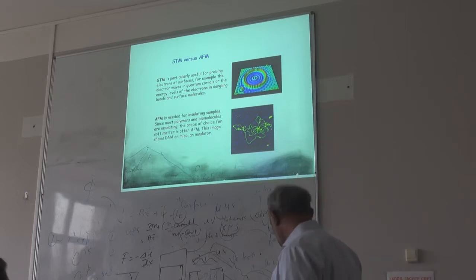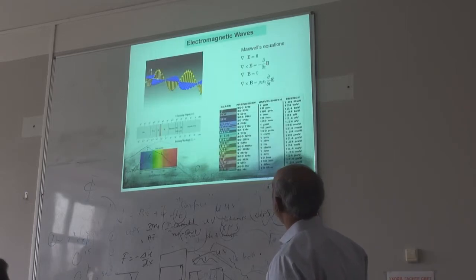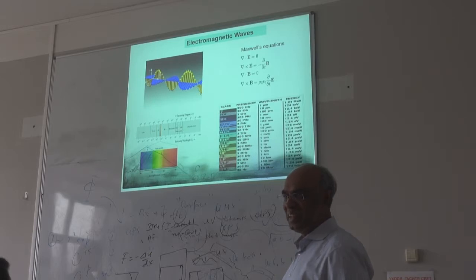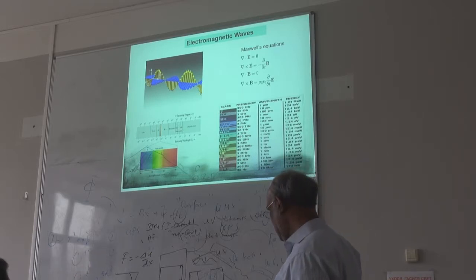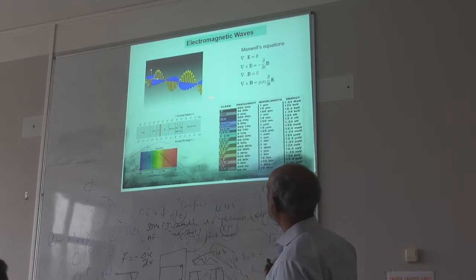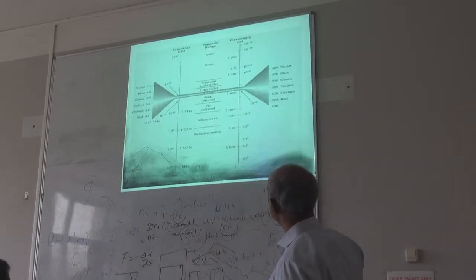Okay, so then I will quickly go through some optical techniques. So far we were talking about electrons, right? Now if you want to use optical, is everybody familiar with electric and magnetic fields and their frequencies? Maxwell's equations, those are the fundamental things.